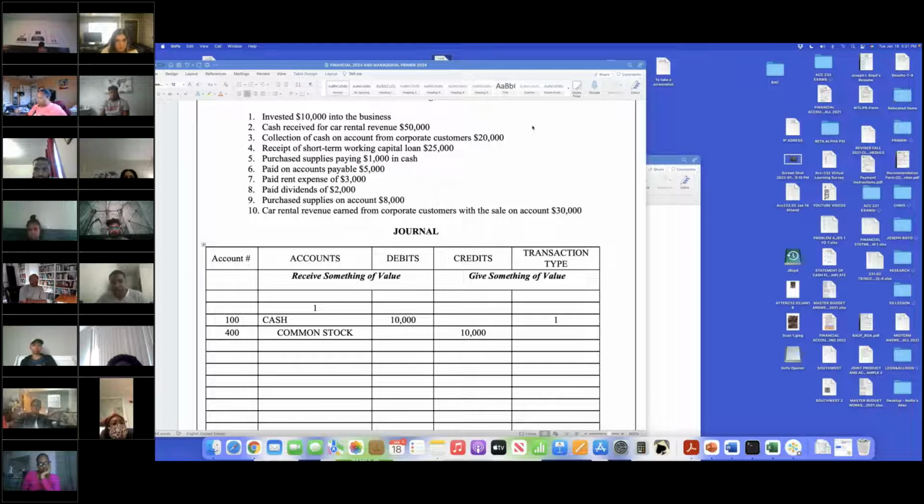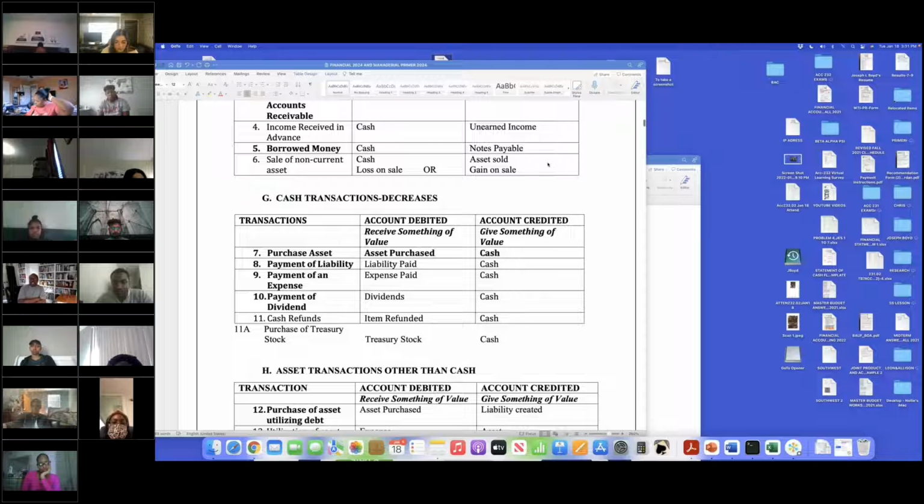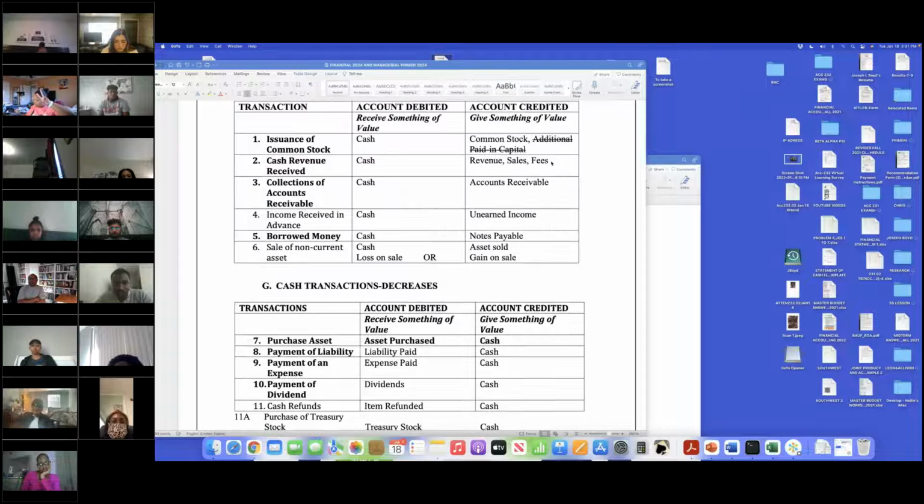For those students who raised their hand, what's the journal entry type? I believe 2. That's right, it's journal entry 2. So what do we debit in a 2? Cash, 50,000.